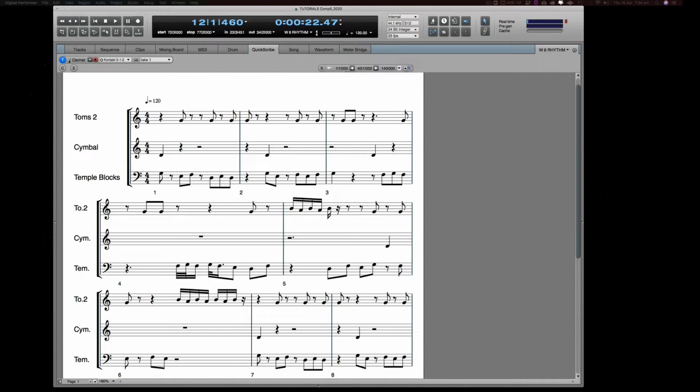Okay, what we're looking at here now is a design for two toms, a cymbal and some temple blocks. Keeping in mind that one person is playing this, if they were set up in a particular way, the temple blocks in the front, perhaps the cymbal over the side to the left, and the two toms on the other side.